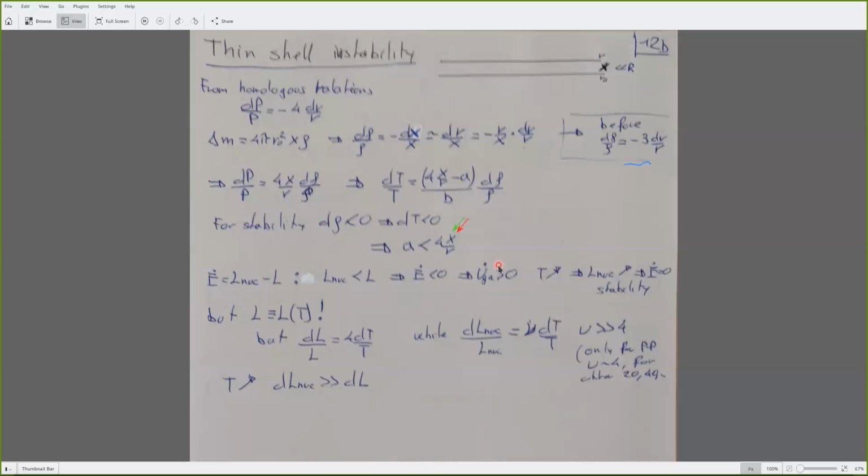When you say the nuclear luminosity here, do you refer to the nuclear luminosity of the shell or of the core? In this case, the nuclear luminosity of the core is zero because it's not producing.